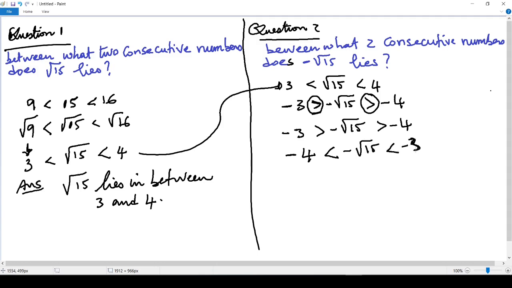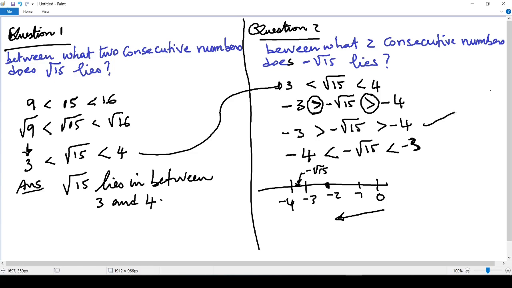If you want to understand it, you can use the number line. If we have 0, we have negative 1, negative 2, negative 3, negative 4, right? And we are saying that negative square root of 15 is somewhere here in between. So going from here, we are decreasing, and negative 3 is greater than negative 4, right?